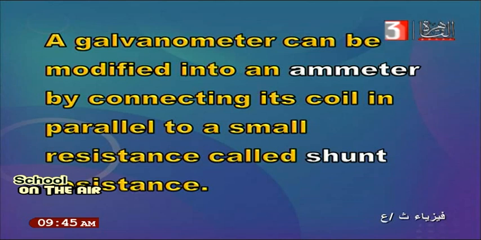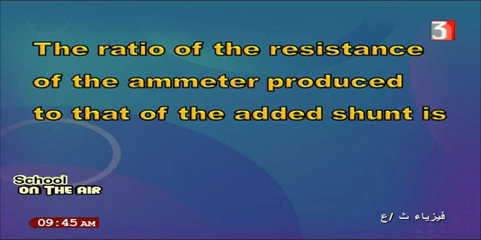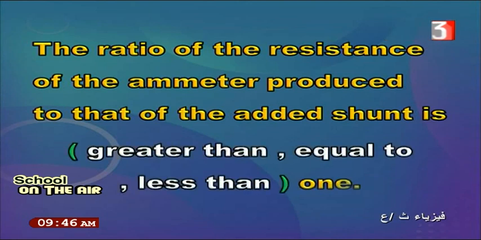It means the resistance of the ammeter is smaller than that of the galvanometer and smaller than that of the shunt itself. What about the choice? The ratio of the resistance of the ammeter produced to that of the added shunt: is it greater, equal, or less?